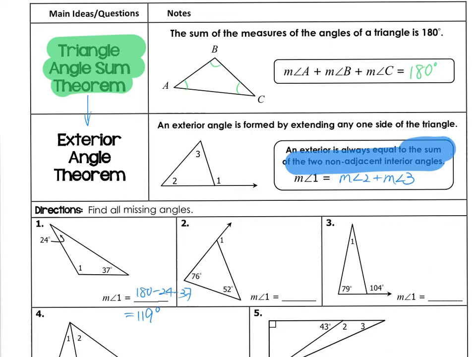That's based on the triangle sum theorem. And number 2, notice that I have an exterior angle, and the exterior angle theorem says angle 1 should equal the sum of the two non-adjacent interior angles. So that should be 128 degrees. Okay, same thing with number 3.